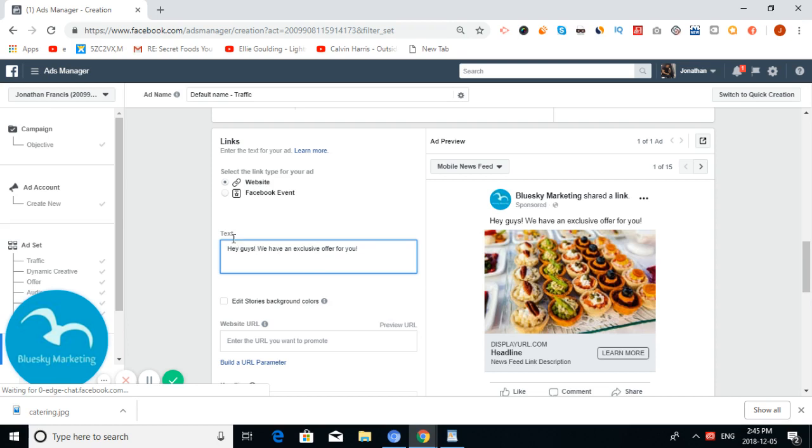So everything I'm writing here on the text, it's showing right there above the ad. So you don't really have to memorize yet where text shows, and the other spots I'm going to show you. Facebook is really helpful that it gives you a very easy to use platform. So hey guys, we have an exclusive offer for you.